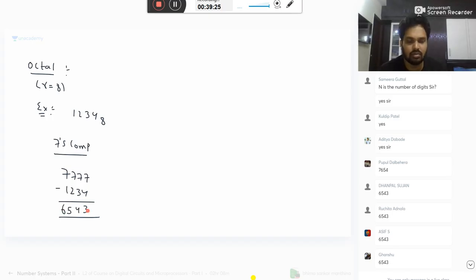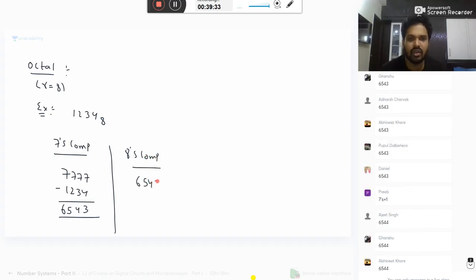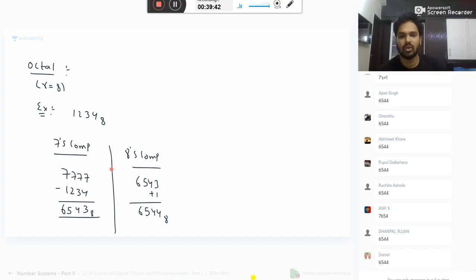Right. Similarly, what is 8's complement? Add 6543 and 1, that gives 6544 with base 8. Okay, this is in base 8.